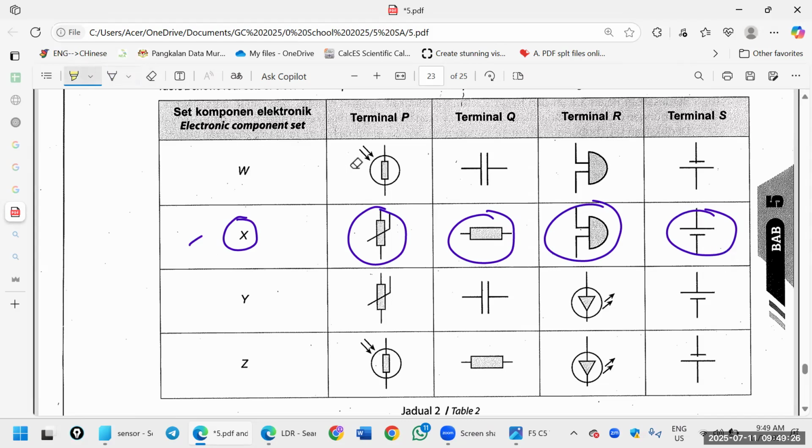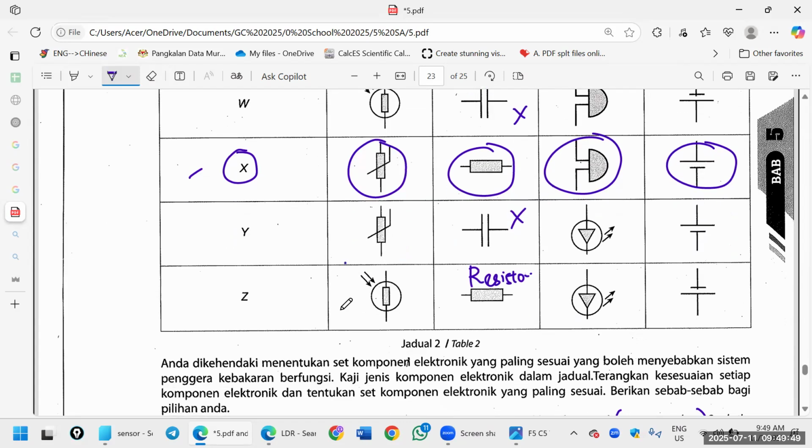By the way, do you know the difference between this and this? By the way, this is a capacitor, and you can recall just now we never talked about the capacitor. All right, so no. This is a normal resistor. What's the difference between this and this? They seem the same, right?